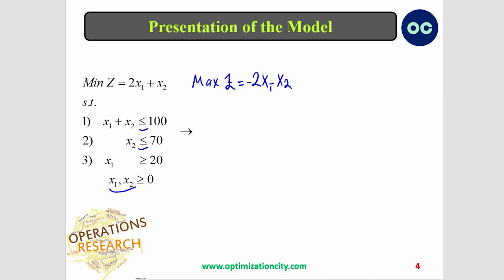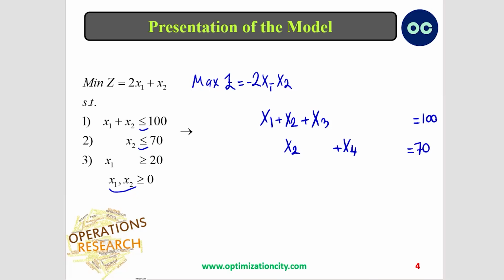In order to solve with the Simplex method, we need to add a slack variable for constraint number 1 and constraint number 2. So we have x1 plus x2 plus x3 is equal to 100, and x2 plus x4 is equal to 70.